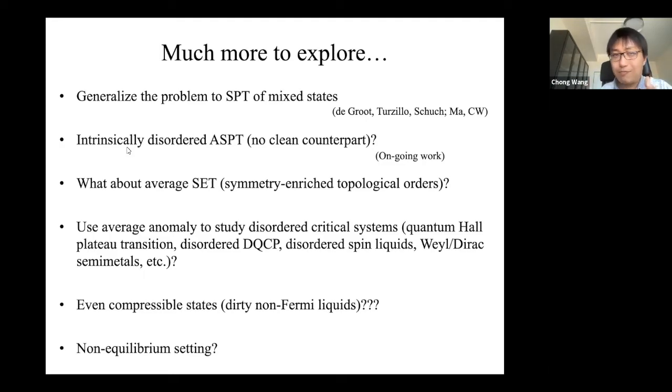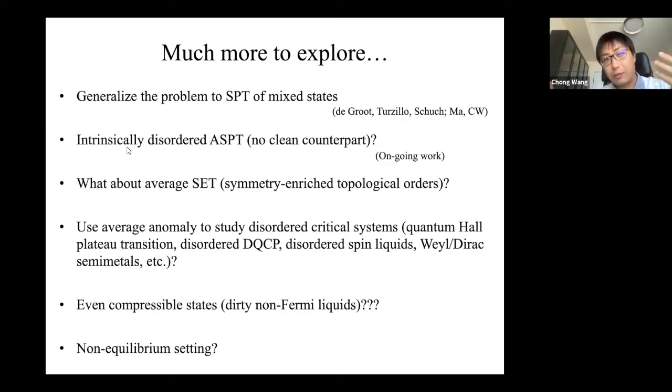We can also ask whether there exists an intrinsically disordered average SPT, meaning an SPT of some average and exact symmetry, but there's no clean limit. You cannot make a clean SPT with that same symmetry with the same response. This is some ongoing work that we're thinking about actively now.